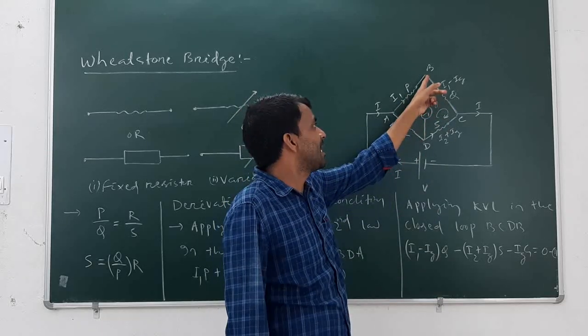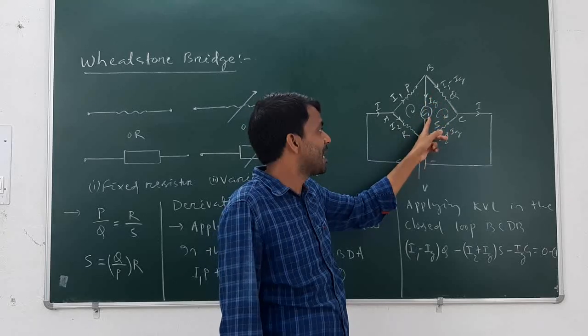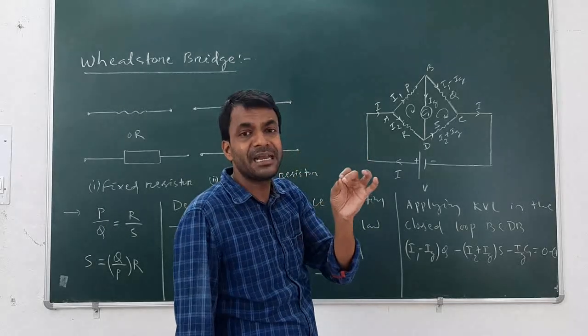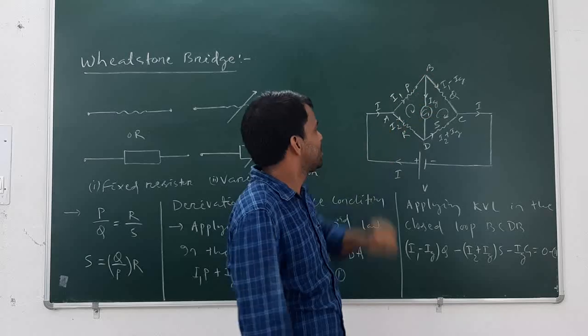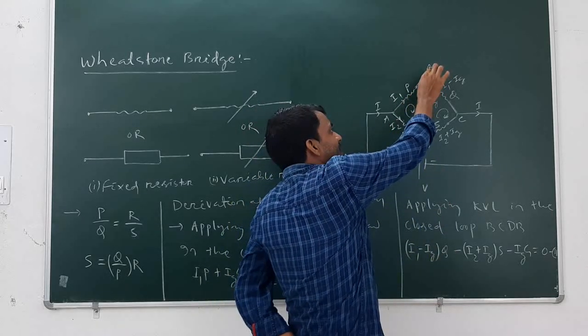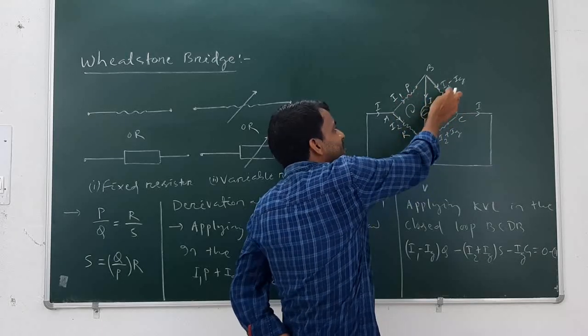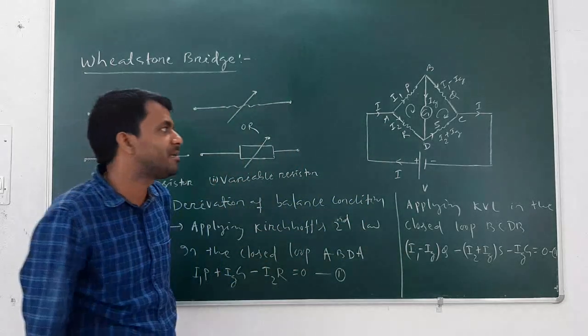Current I1 is at the junction B, and this is a galvanometer having resistance G, and the current in the galvanometer I have taken as IG. If I1 is the meeting current and IG is leaving, the remaining current is I1 minus IG. In this branch therefore I have taken I1 minus IG current.